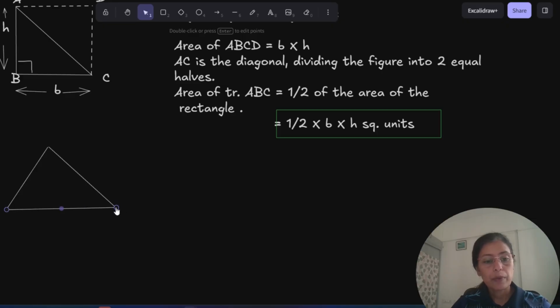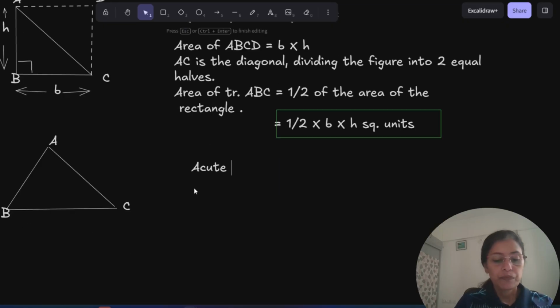I hope you all remember what is an acute angle triangle. All angles should be less than 90 degrees for an acute angle triangle. Here I took right angle triangle. Now I'll take acute angled triangle.